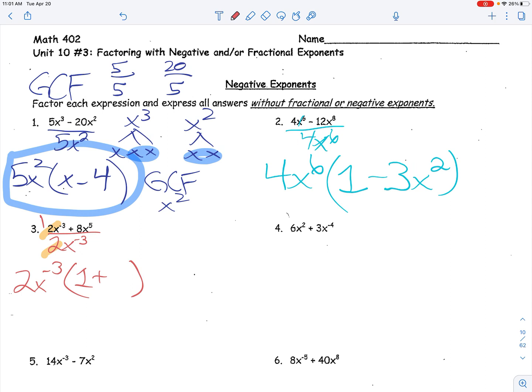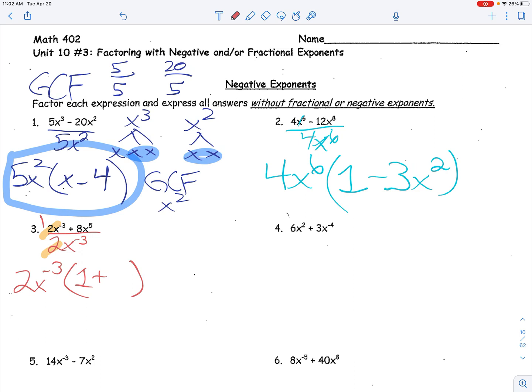Plus 8x to the fifth divided by 2x to the power of negative 3. Because those x to the negative 3s, by the way, if you go back to the first term, those cross out. And once again, when I say cross out, they cross out to 1. X to the negative third divided by x to the negative third is x to the 0 power.